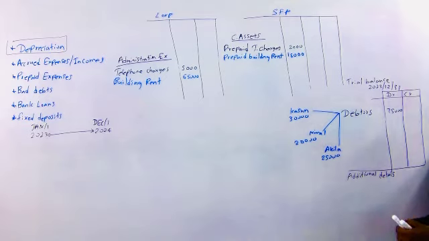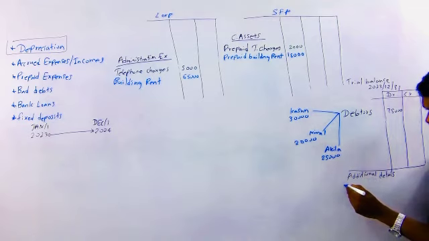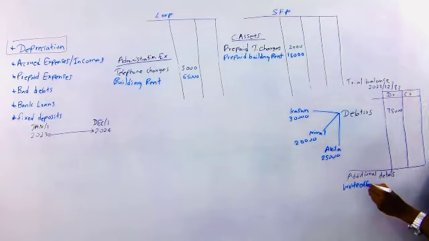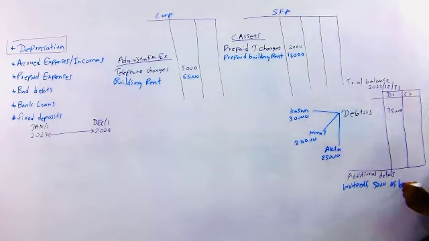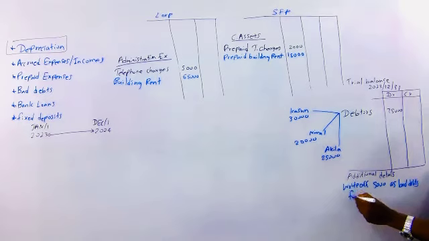Then they have mentioned additional details: write off 5,000 as bad debts from debtors, right? Write off 5,000 as bad debts from debtors.